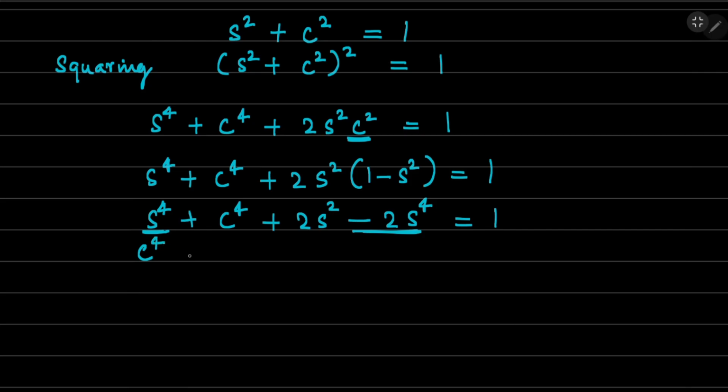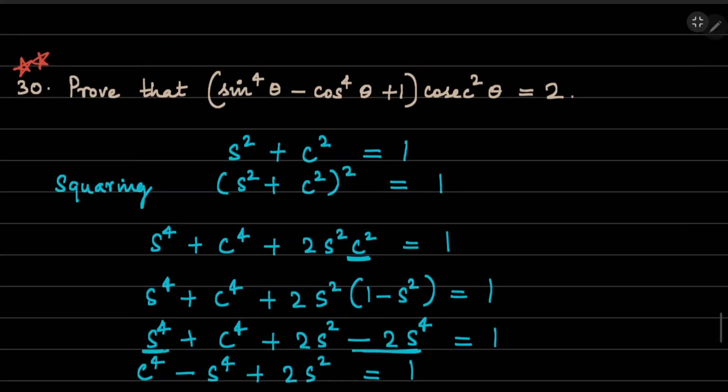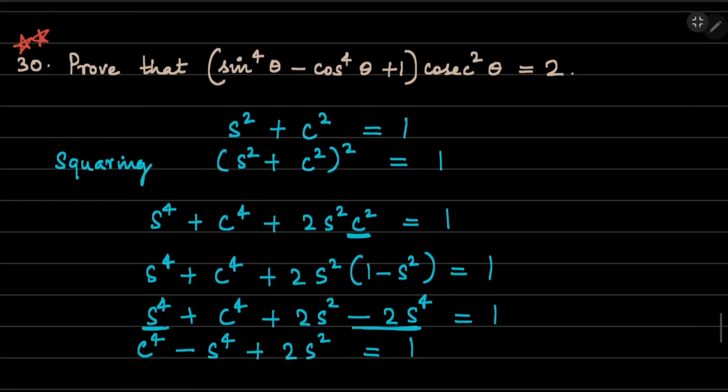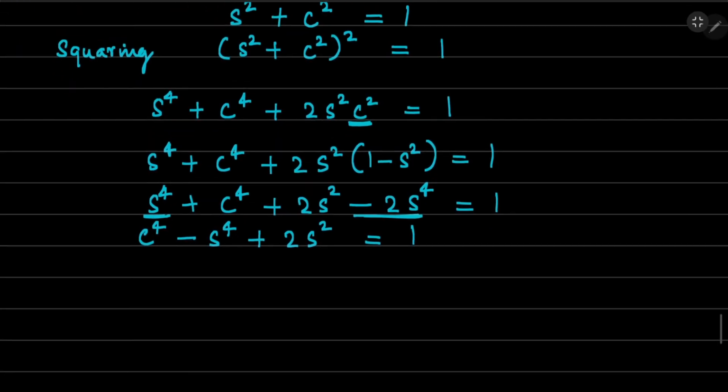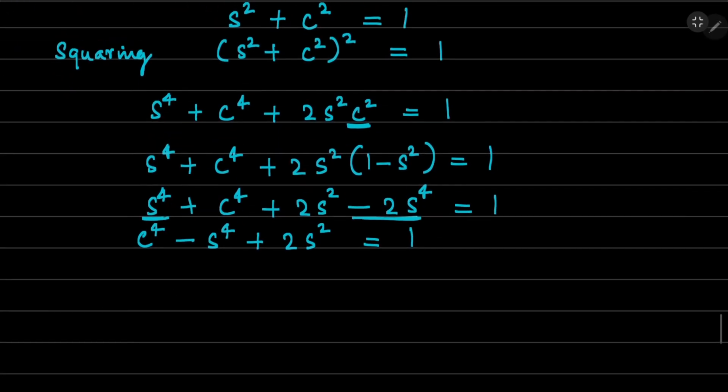So I can write cos to the power 4 minus sine to the power 4 plus 2 sine square equal to 1. Right? But what do I need? I need sine to the power 4 minus cos to the power 4, but I have plus. So what do I do here? I can take a negative common out.